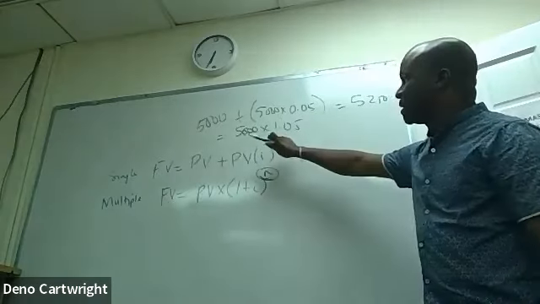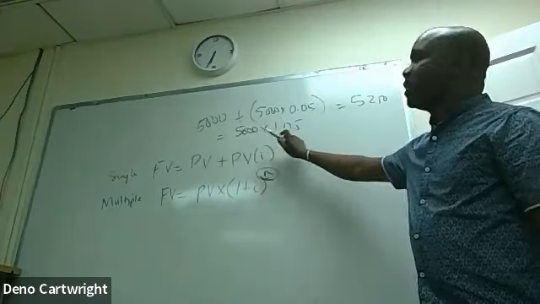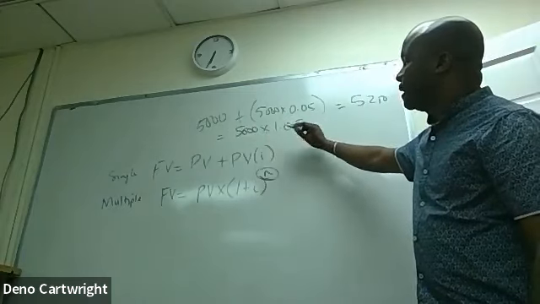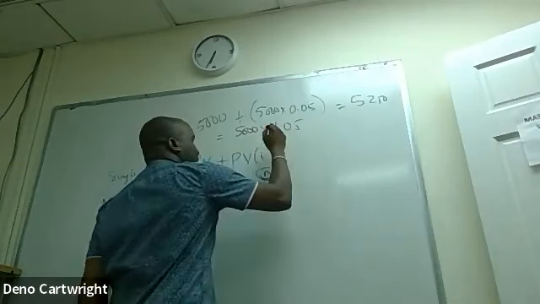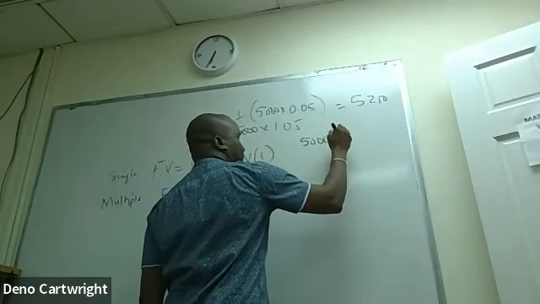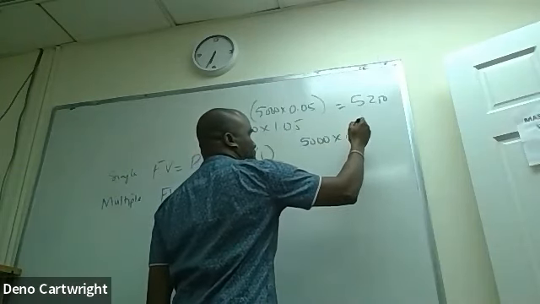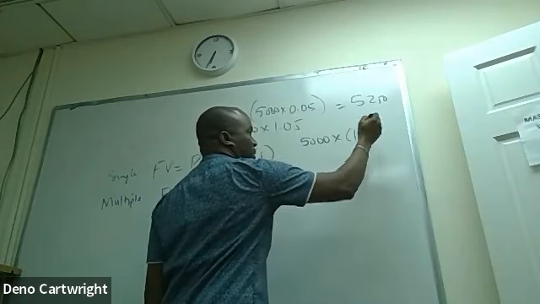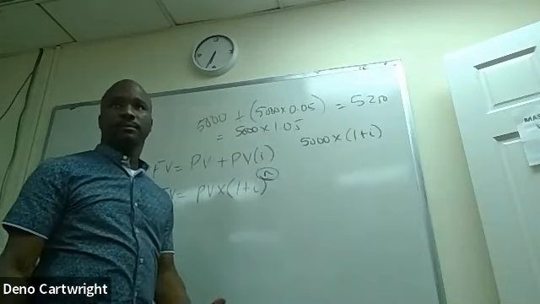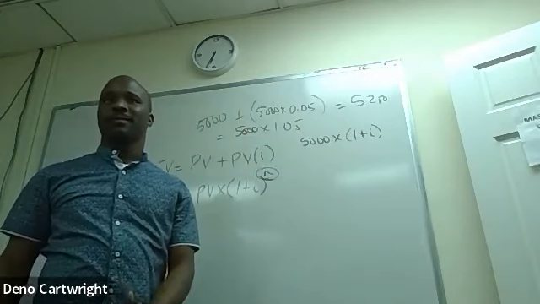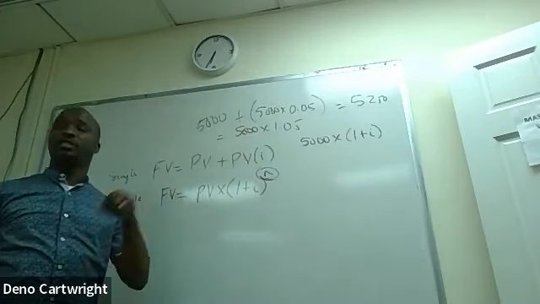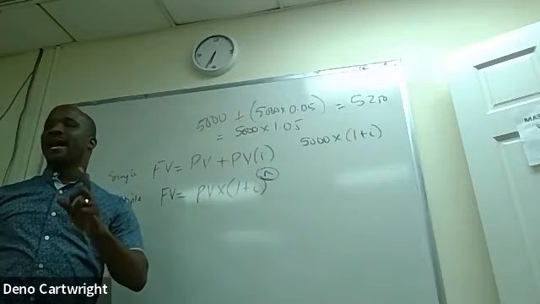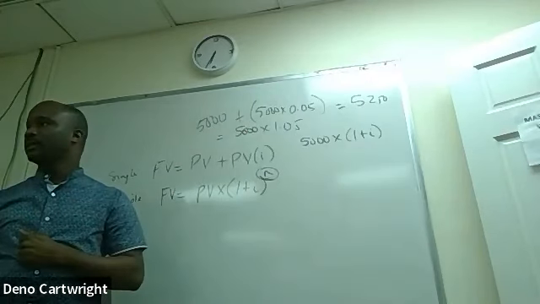So what happens is for single, you get your 5,000, you multiply it by 1.05, which is actually this. 5,000 multiplied by, and you would write it like this, 1 plus your interest. Because when you're doing equations and you're trying to make an integer or a whole number, you always add 1 to your decimal point.